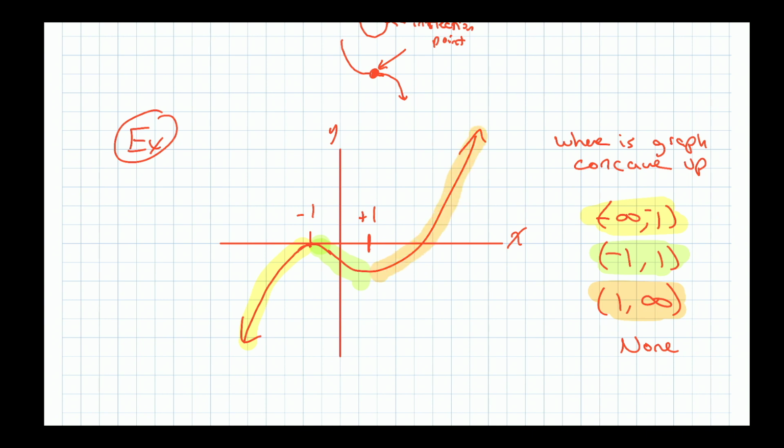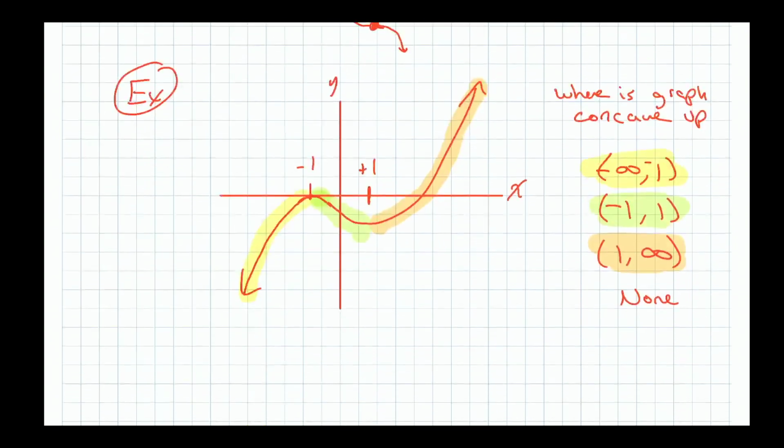And so let's think about it. Which one is concave up? So let's just label them. In the first one, the yellow section, is it concave down or up? Remember what they look like. That looks down, right? So this is down. So not that one. What about -1 to 1?